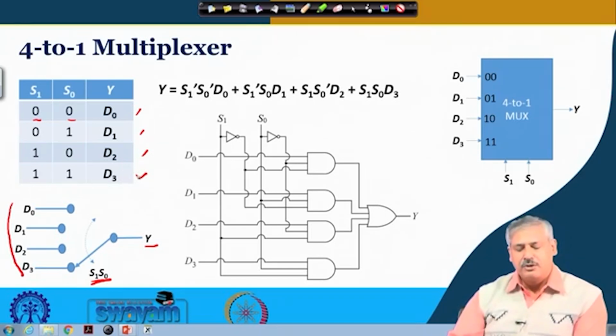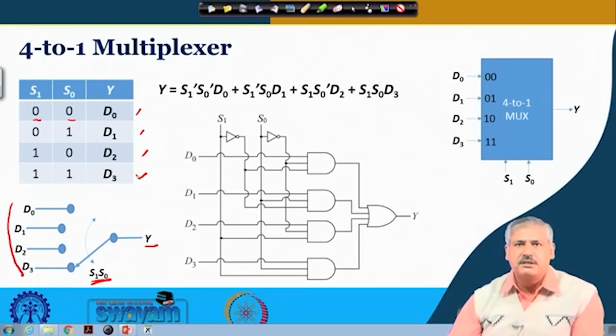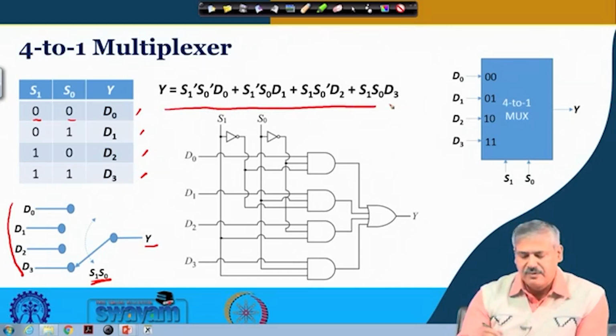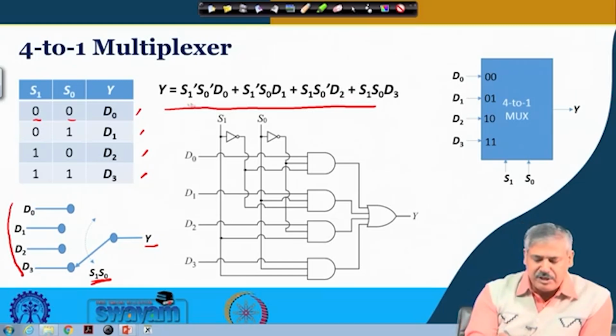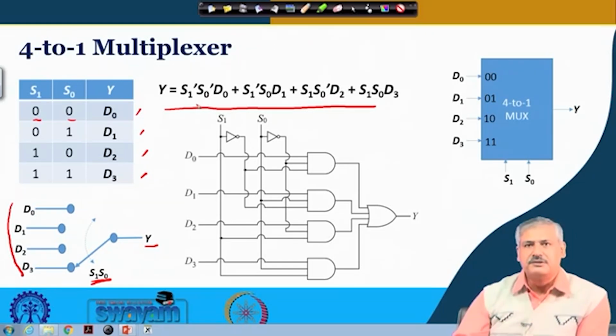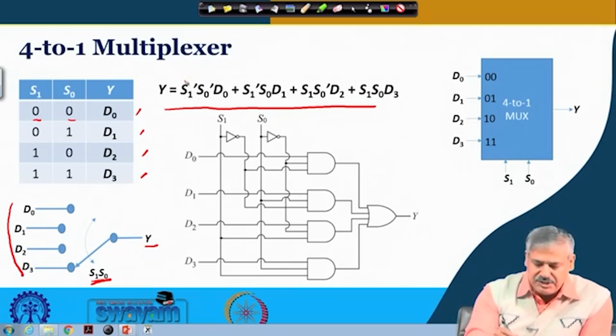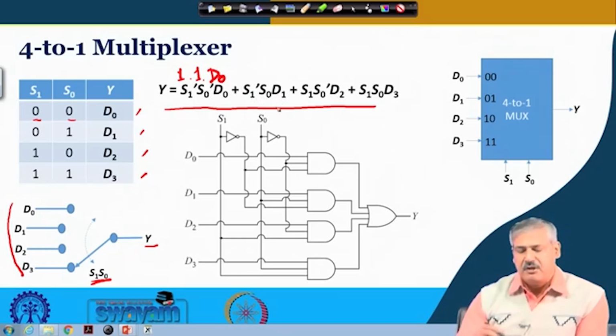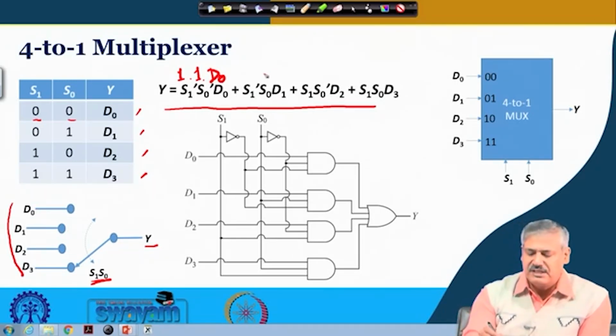Okay. So how do we write it in the form of a logic equation? So this is the way we can write it, right? So when we substitute S1 and S0 as 0 and 0, both of them are 0. So this is 0 prime, that is 1, and this is 1, and this is D0. And for the rest of the terms, one of S1 or S0 being 0 will generate a 0.